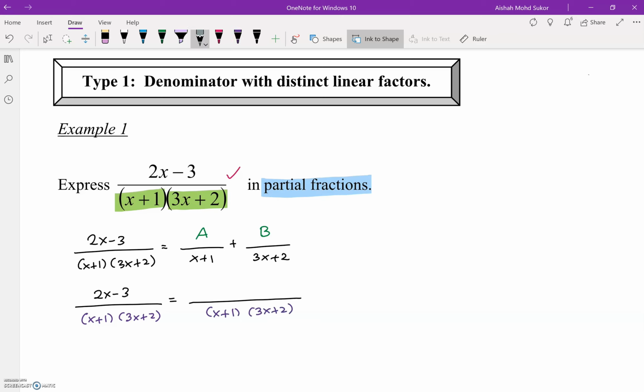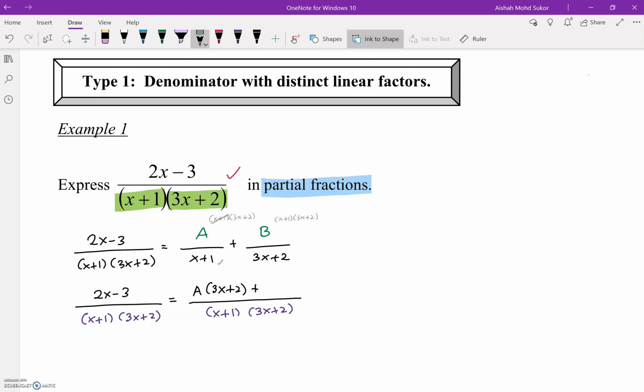You can use your pencil. (x + 1)(3x + 2) over (x + 1)(3x + 2). Now you already have (x + 1) here, therefore A will be multiplied by (3x + 2).